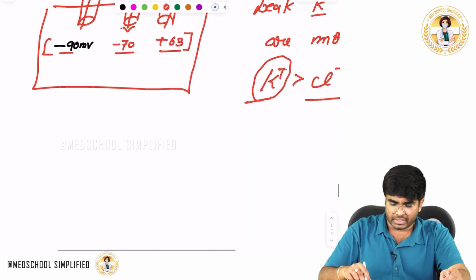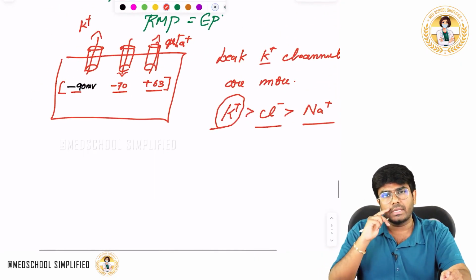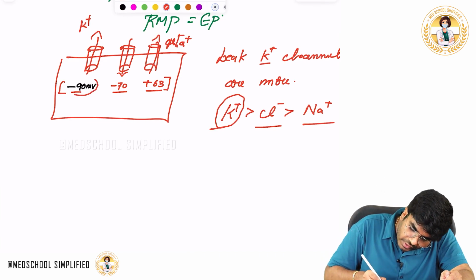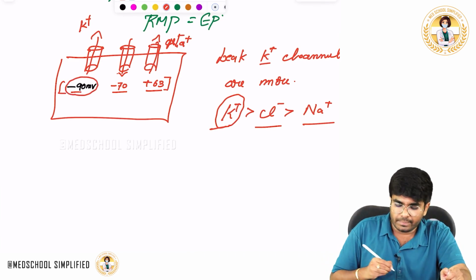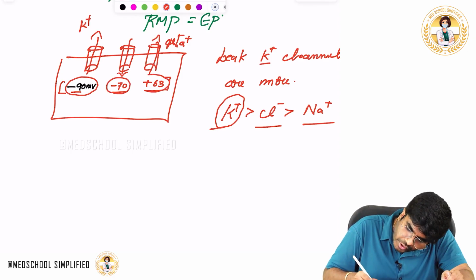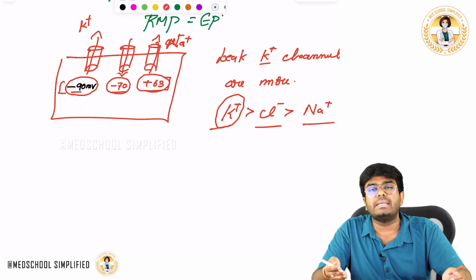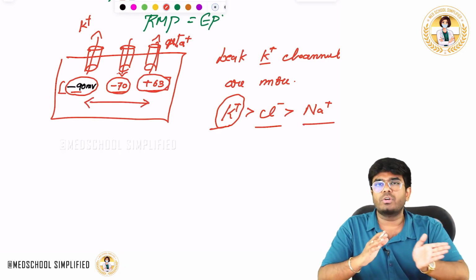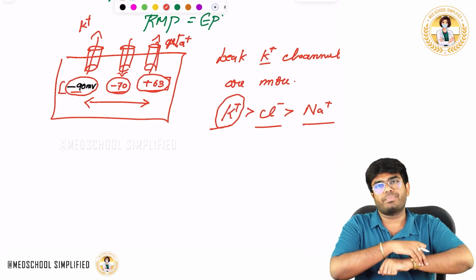You tell me. This cell has 3 leaky channels: sodium, potassium and chloride. Will the resting membrane potential be minus 90? Minus 70? Or will it be more towards plus 63? Is it going to be towards sodium, or towards potassium?